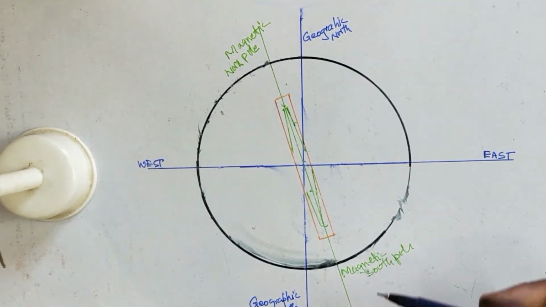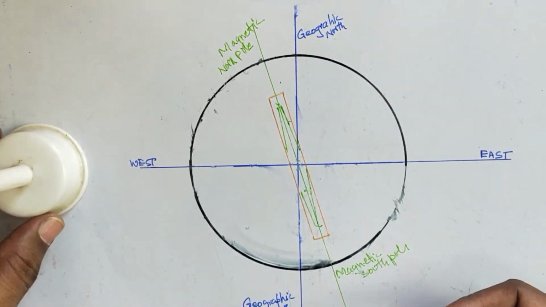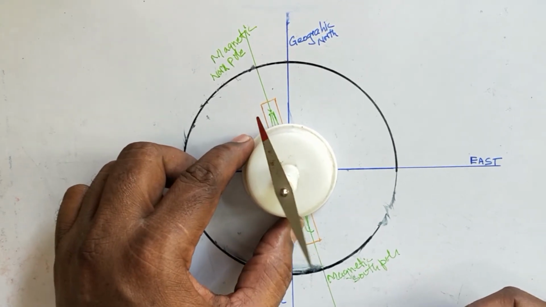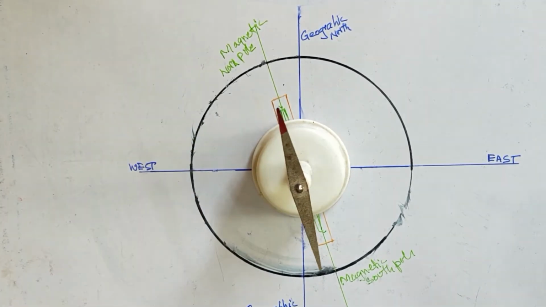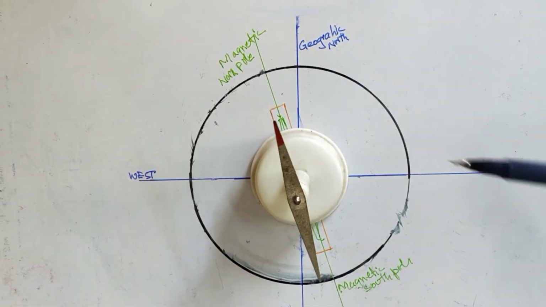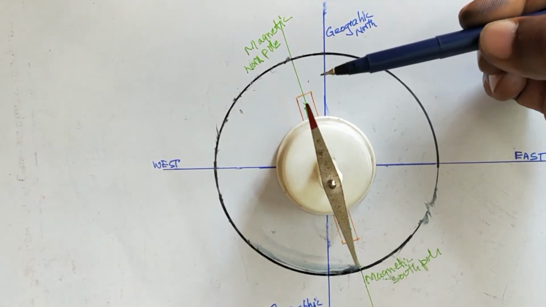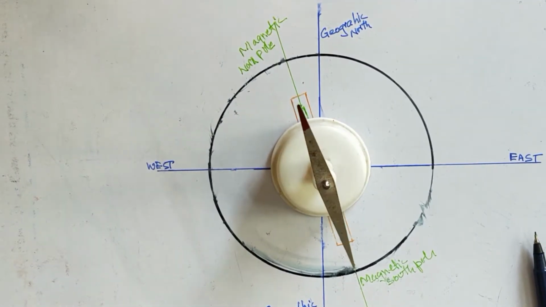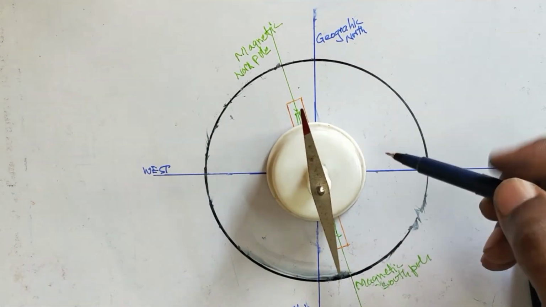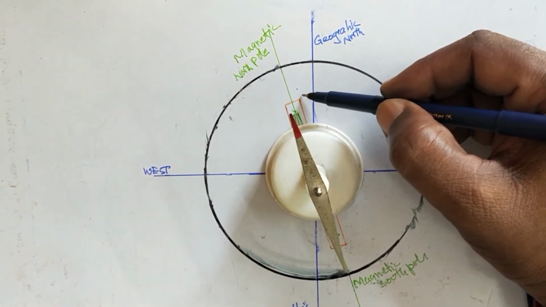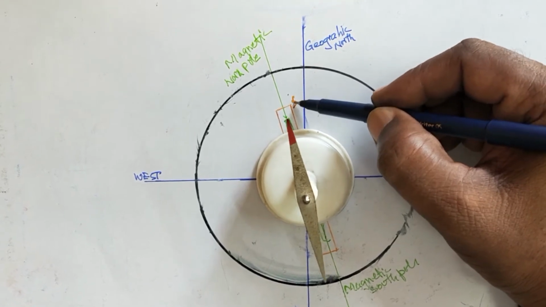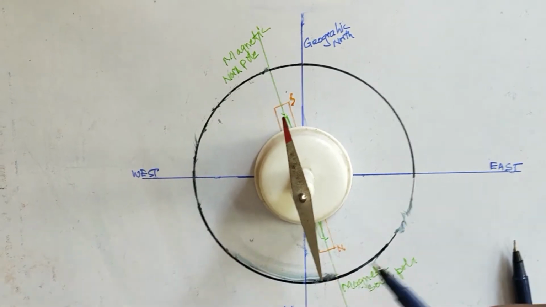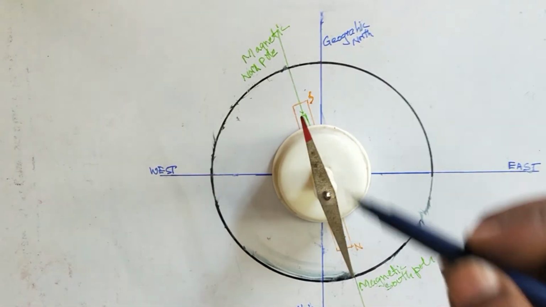As we all know, Earth is a huge magnet. Now I have placed this magnetic compass on the surface of this Earth. When Earth acts as a huge magnet, the pointer which is pointing towards this must be attracted by a south pole on the other end. Therefore, if I consider Earth as a magnet, the Earth's south pole must be at this end, then only it will attract this north pole, and the Earth's north pole must be at this end, then only it can attract the south pole of this magnetic compass.